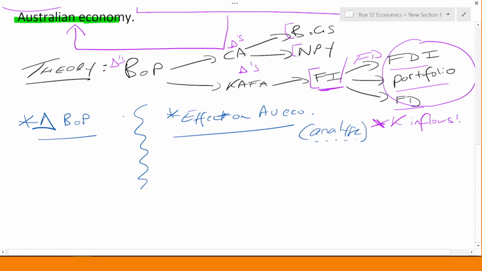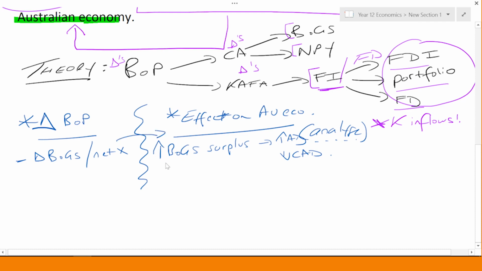So if we're looking at the change in balance of payments, maybe one thing we could look at is the change in BOGS net exports. When BOGS changes, net exports change, and that will affect the balance of payments. Let's say that we get a situation of a greater BOGS surplus.